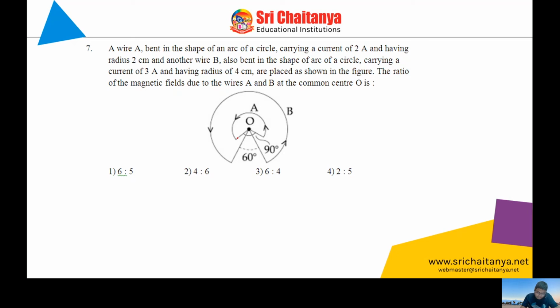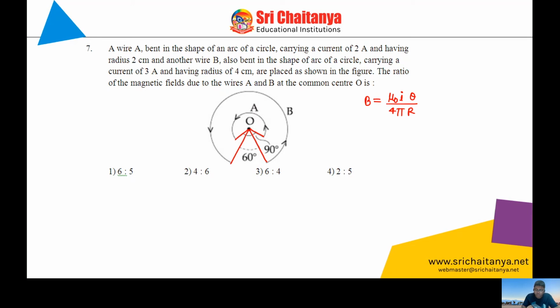You should realize that due to these straight parts, the wires which are oriented along the radial direction, the field at O will be equal to 0. So the field will only be due to the circular arc. The formula for the field due to a current carrying circular arc is B equal to mu naught I theta upon 4 pi r, where theta is the angle subtended by the circular arc at the center.